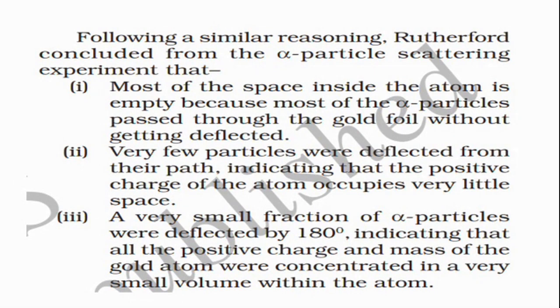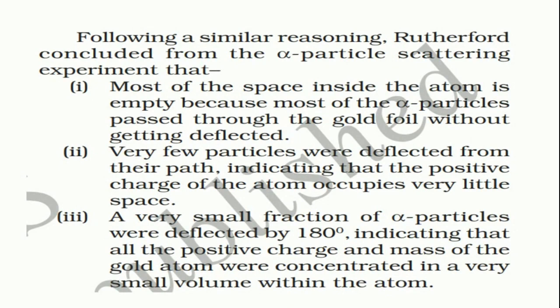Following a similar reasoning, Rutherford concluded from the alpha particle scattering experiment, so what did he conclude? Most of the space inside the atom is empty because most of the alpha particles pass through the gold foil without getting deflected. That means there's a lot of space within that particular atom, that is the gold atom. Very few particles were deflected from their path, indicating that the positive charge of the atom occupies very little space.